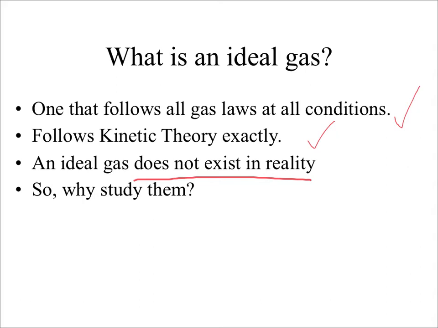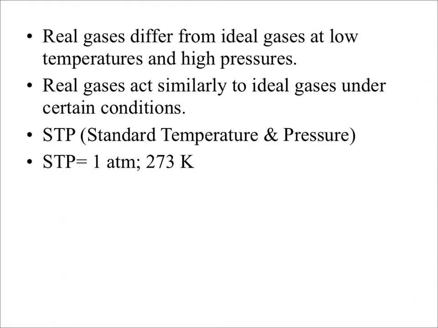And what conditions are these? Real gases will only be different from ideal gases at extremely low temperatures, such as those close to absolute zero, and extremely high pressures. Because at a low temperature and at high pressure, the gas particles would be packed tightly together, and the volume and interactions would start to come into play. As long as we're under most conditions, real gases and ideal gases act very similar, which is why we're able to use the ideal gas law to describe gases.